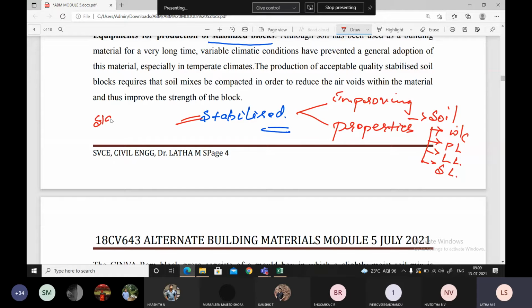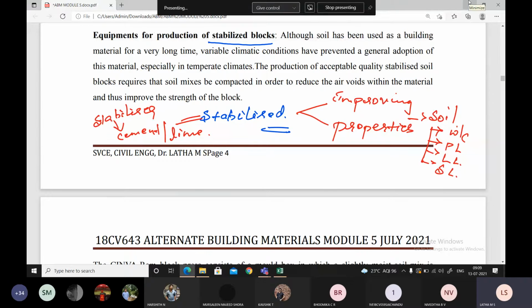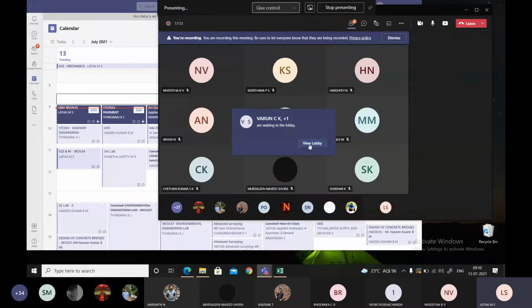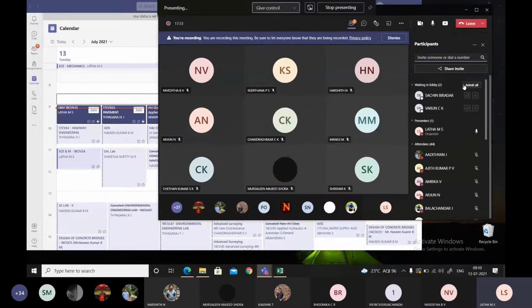What is the stabilizer you'll be using for stabilization? It can be either cement or lime. The cement or lime mixed along with soil will improve the soil properties.